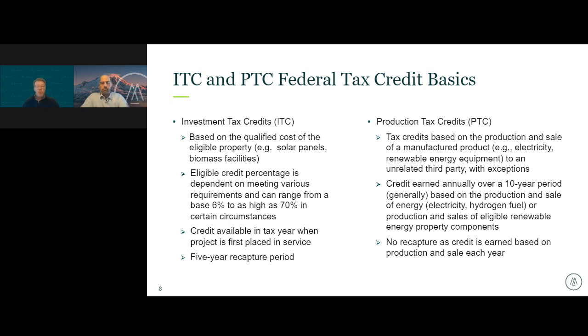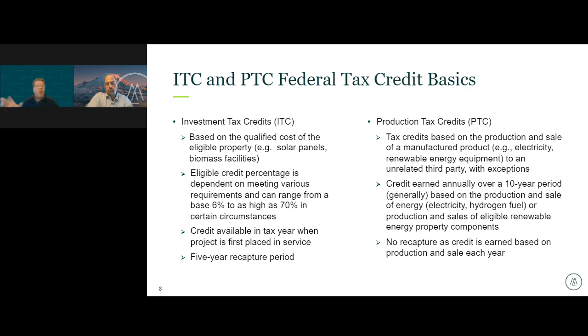And what you're doing is you're placing that property in service, say at some point during calendar 2023. Based off of what you do around that project, you would receive a credit percentage. Now, that depends on a variety of factors. Ben is going to talk about what some of those specifics are, but you go from the low end of 6% of the credit potentially all the way up to 70% of the value.